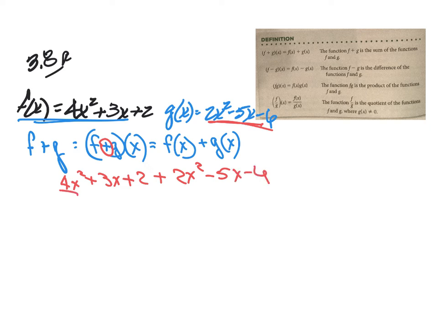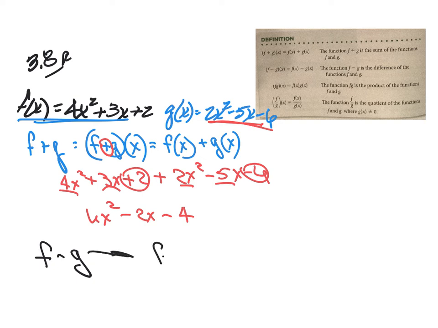You're going to combine like terms and get 6x squared, 3x minus 5x, 2 and minus 6, and you're done. Okay? If I had f minus g, that's the same as f of x minus g of x. So it's going to be this minus this. So it's going to look just like this, only this is going to be a minus sign.